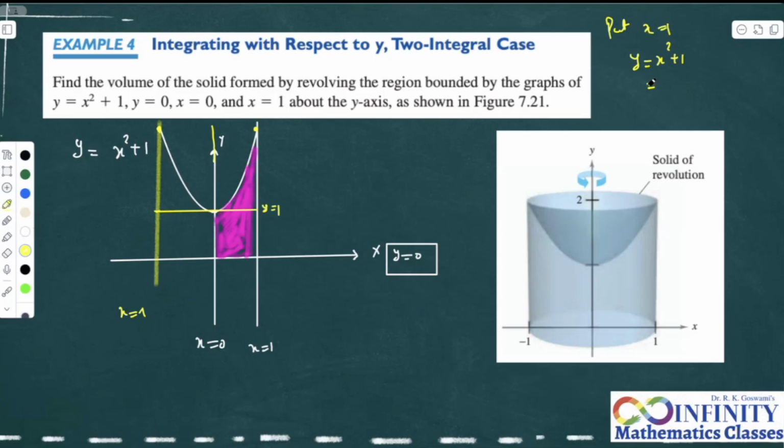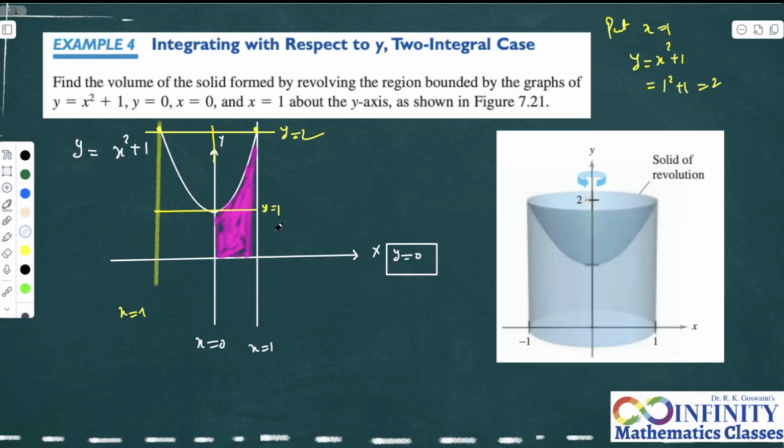What value of y do you get? 1 square plus 1, that is 2. Am I right? That means the top limit is y equals 2. That is why this is 2 and this is 1.